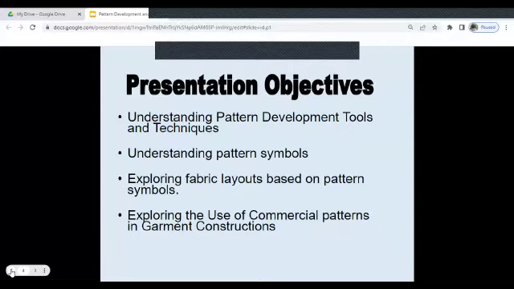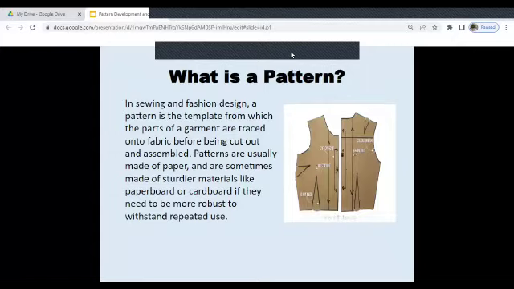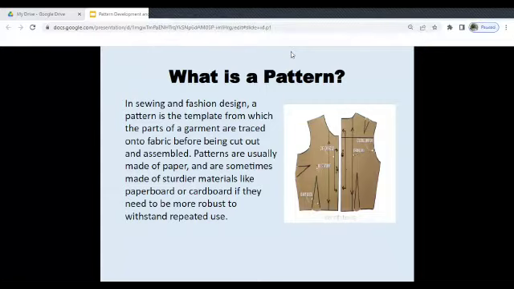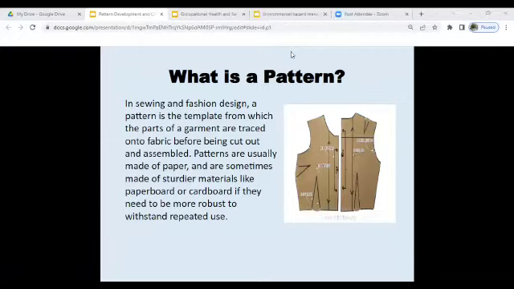Now, what is a pattern? In sewing and fashion design, a pattern is basically a template from which parts of a garment can be traced onto fabric before being cut out or assembled. In our Jamaican situation, when you go to the dressmaker or the tailor, most times you see them mark out the outline of the garment onto the fabric, and then they cut.